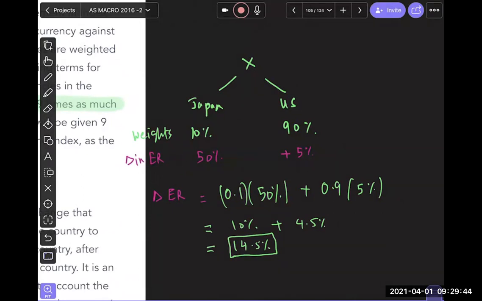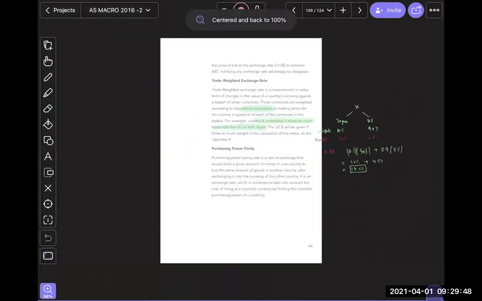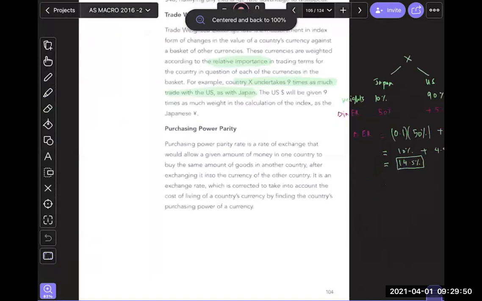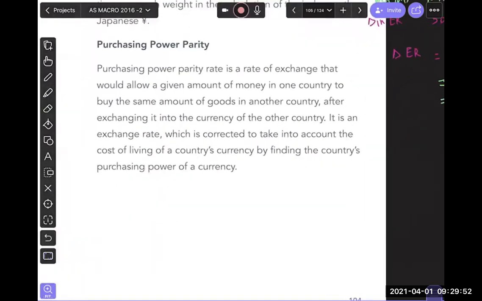Okay, now comes something called purchasing power parity rate. What's the purchasing power parity rate? Purchasing power parity rate basically is a rate which is looking at purchasing power.